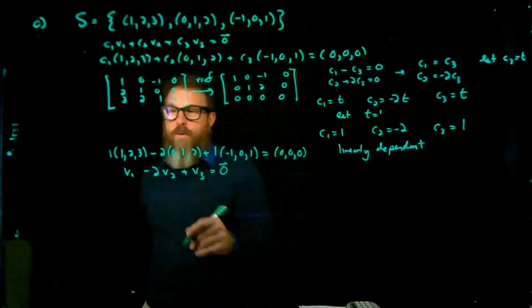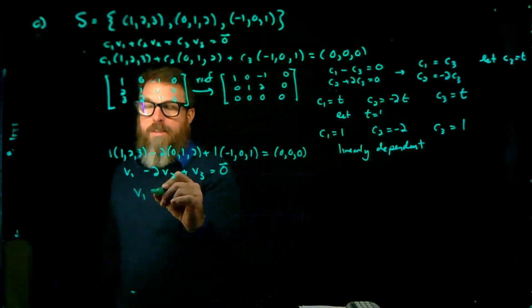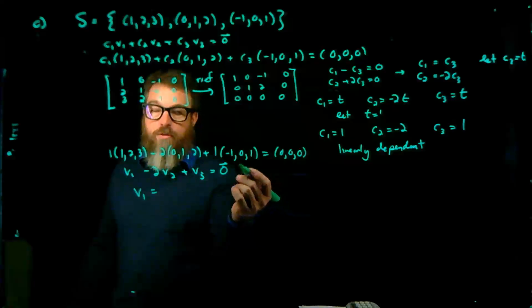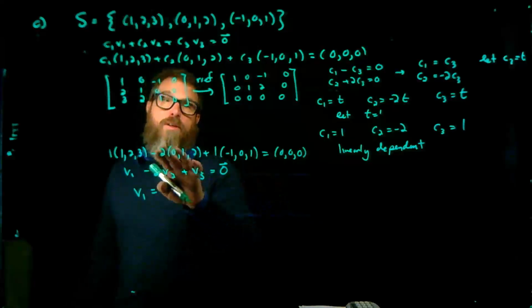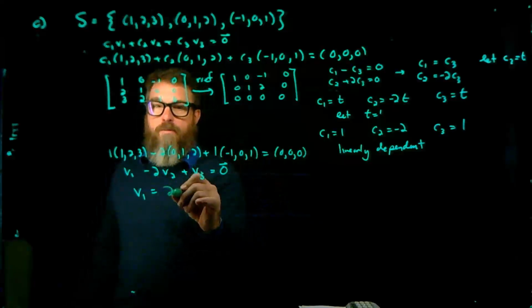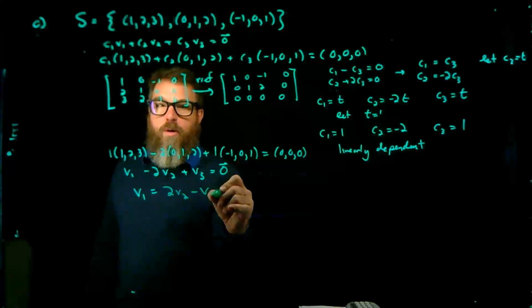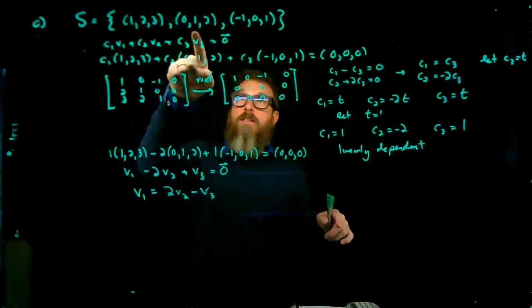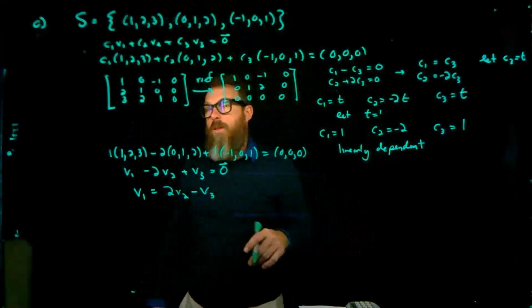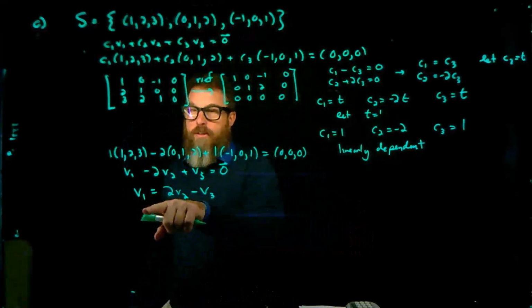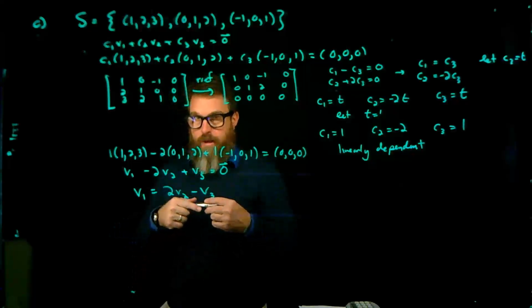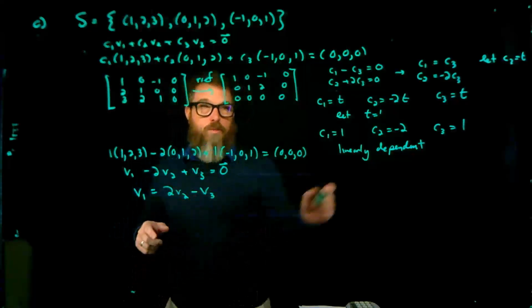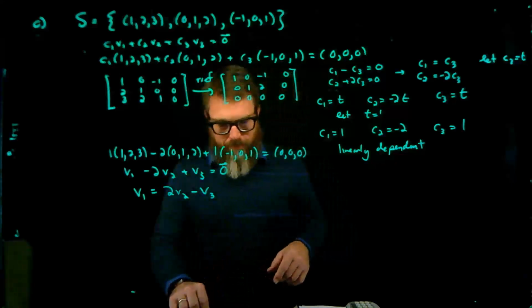Let's just solve it for V1 because it's easy. So I can basically say V1 can be built from the other two vectors, so, adding 2V2, subtracting V3. So we know that this vector could be built by 2 of these minus 1 of these. So really, I don't need that third vector. It's not helpful when I'm trying to create a new direction. So that's why this is linearly dependent.